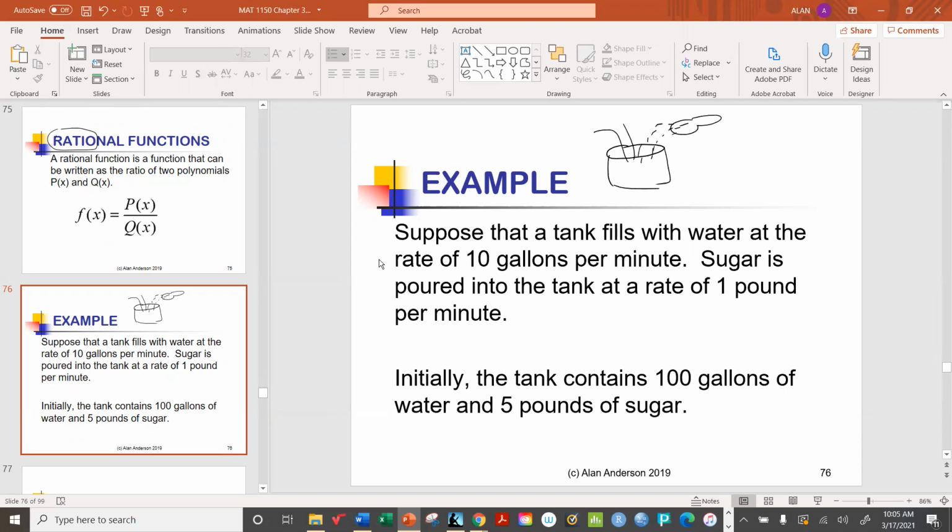And so you're making a simple syrup, which means that it's water and sugar only. But the difference is that the water goes in at a rate of 10 gallons a minute, and the sugar goes in at a rate of 1 pound per minute. So at any given time, we should be able to figure out what proportion of the total is water and what proportion is sugar. So we started out, let's say, with 100 gallons of water and 5 pounds of sugar.